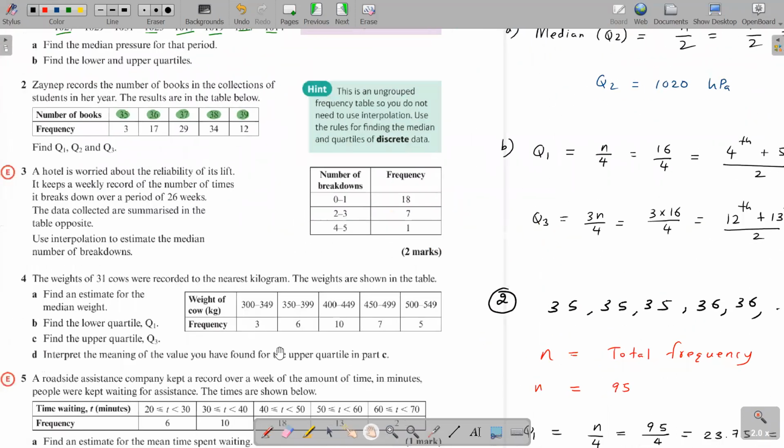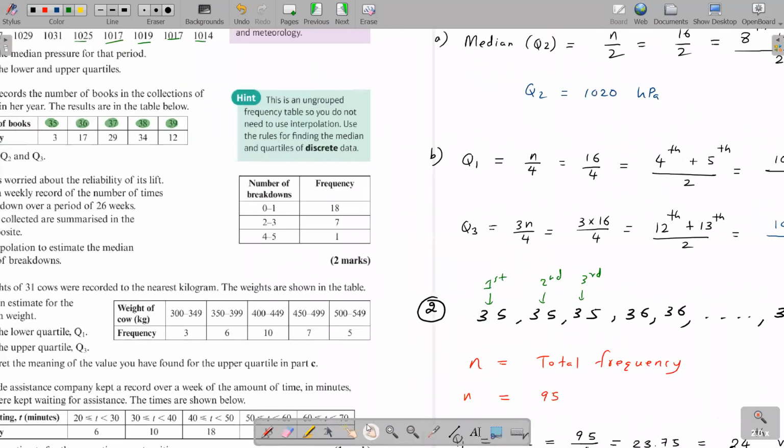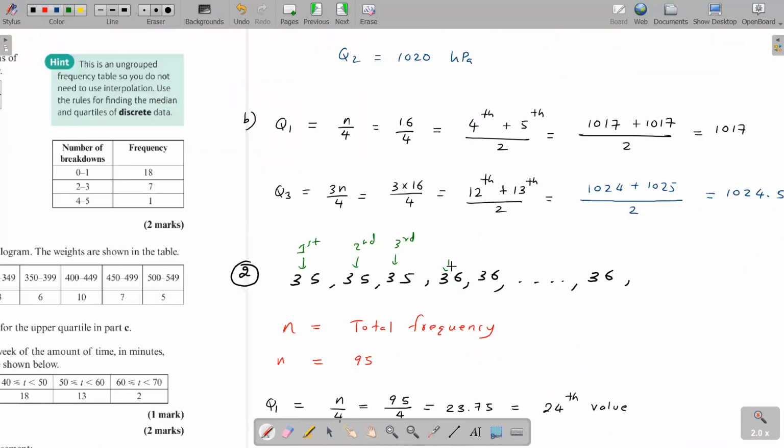Go to the table. You can see 35 occupies the first 3 terms: first term, second term, third term. Then the next data point starts at 36, which is repeated 17 times, so 36 starts with the fourth term. And 36 will end in which term?